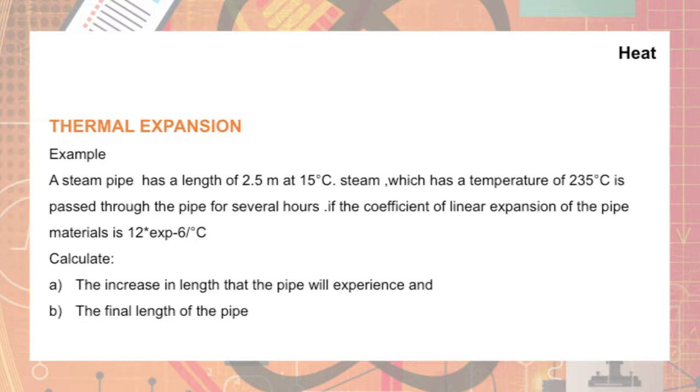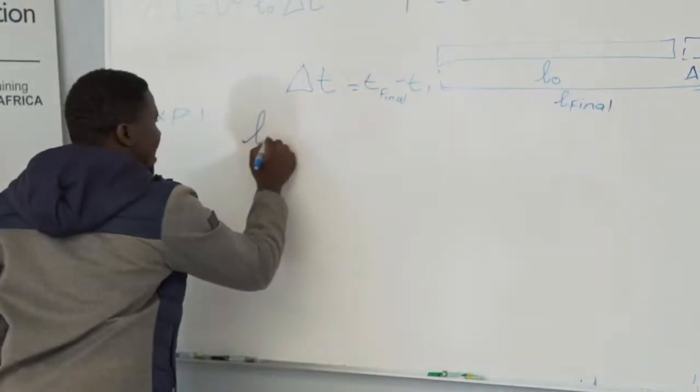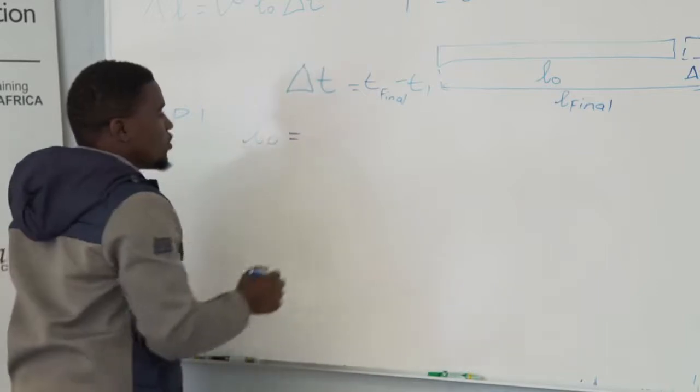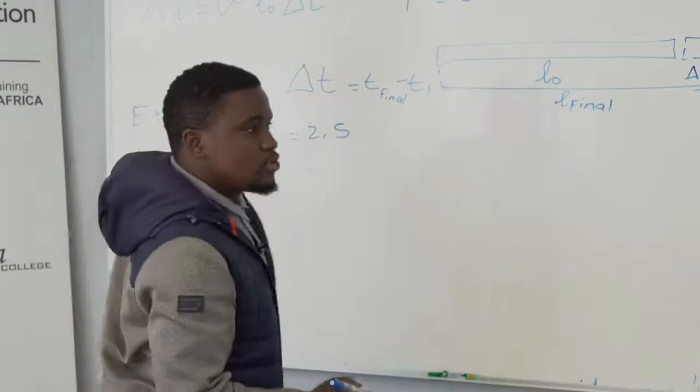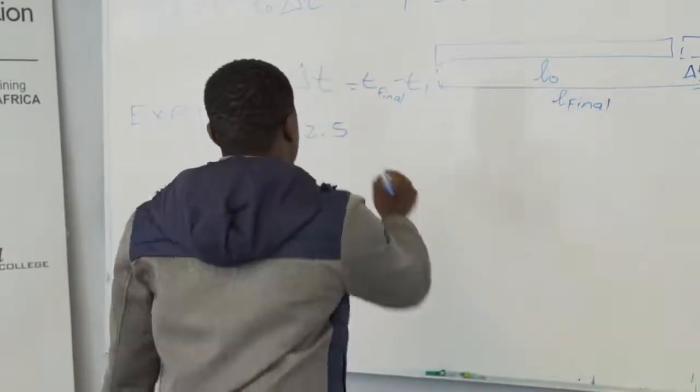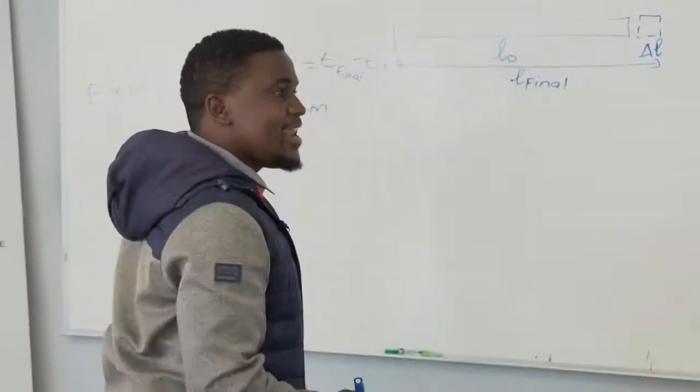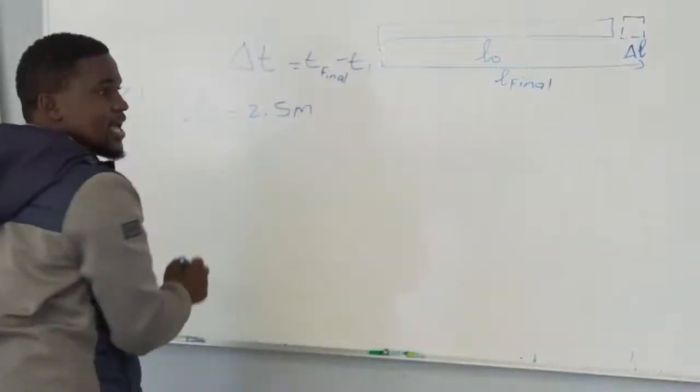This is what we are having. We have our original length. Our original length LO is equal to 2.5 meters.